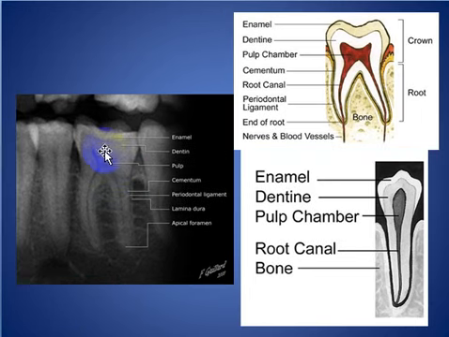The dentine is less radiopaque compared to the enamel, and there is an interface between the dentine and the enamel, and we can identify the two structures as we see here. This is the radiopaque, the enamel, and less radiopaque is the dentine.